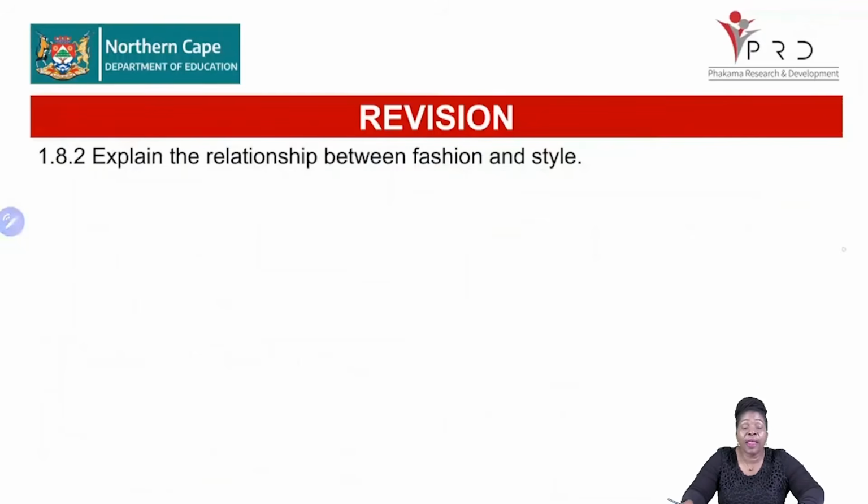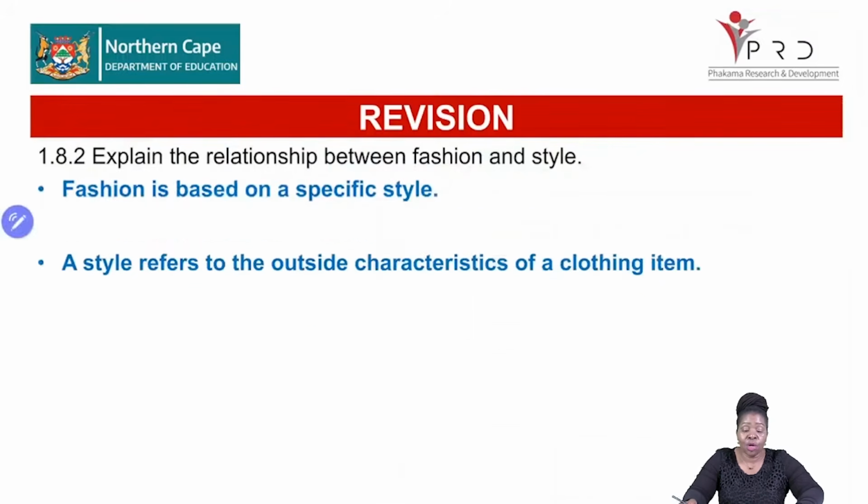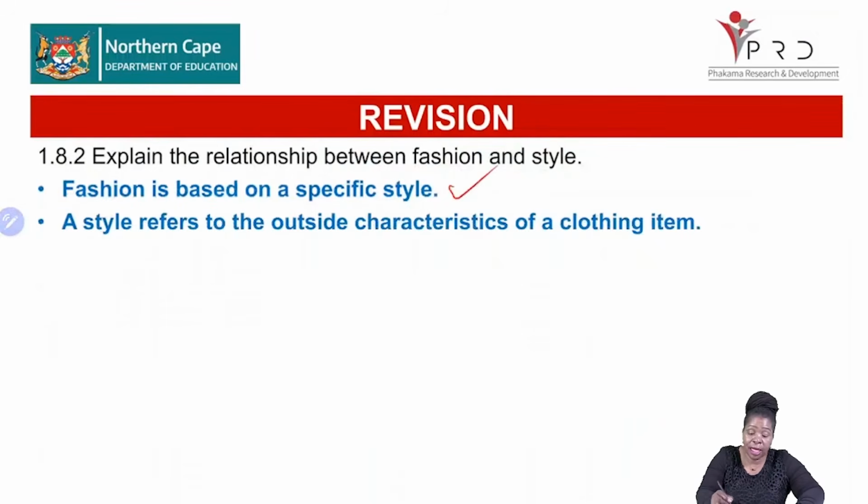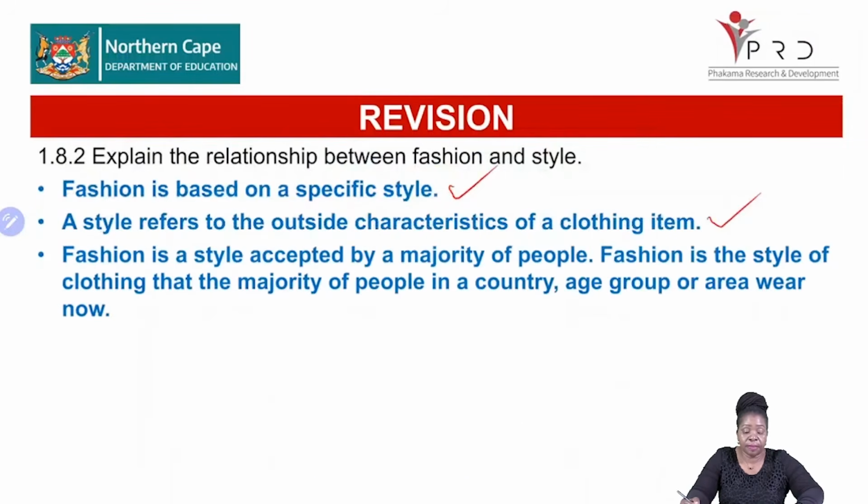1.8.2 says, explain the relationship between fashion and style. Fashion is based on a specific style, and a style refers to the outside characteristics of a clothing item. And fashion is a style accepted by a majority of people.